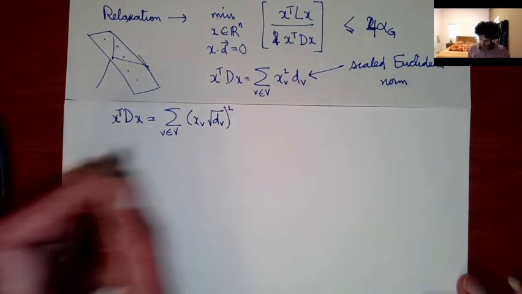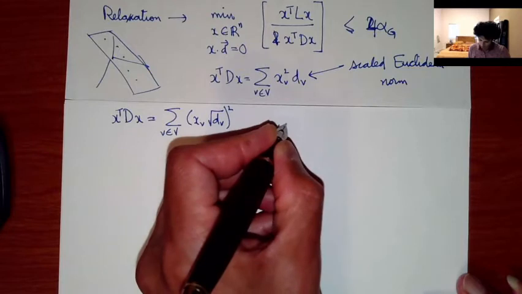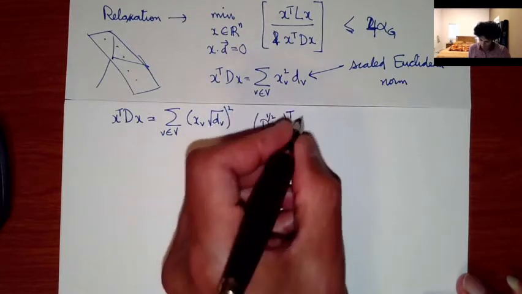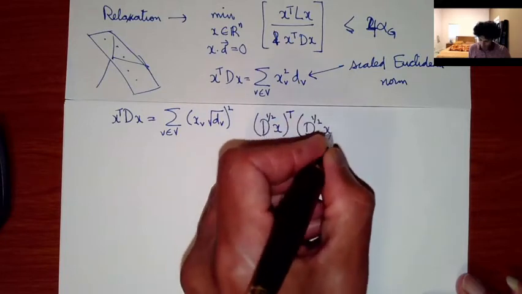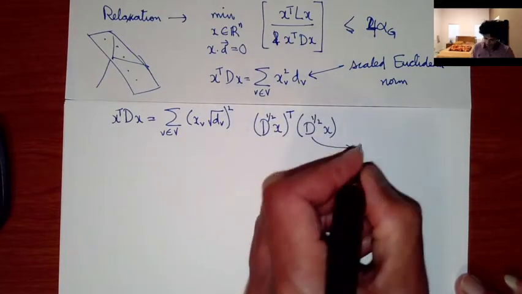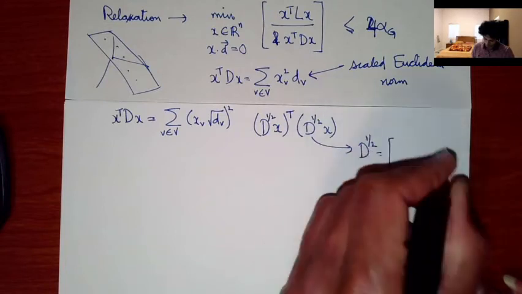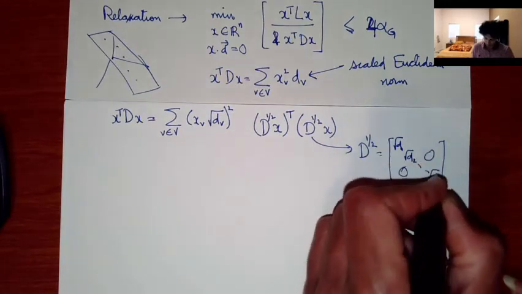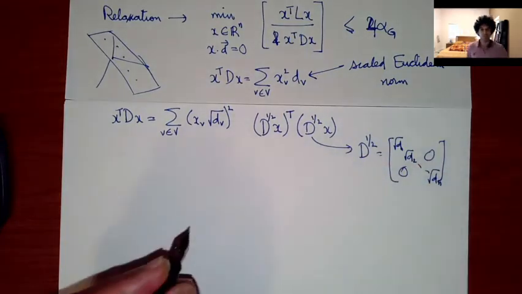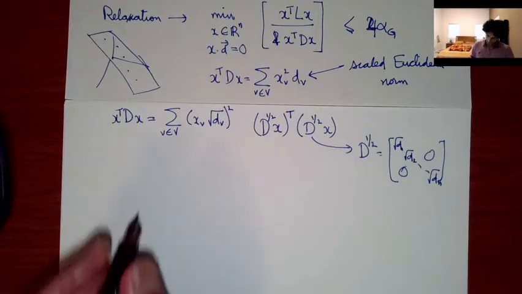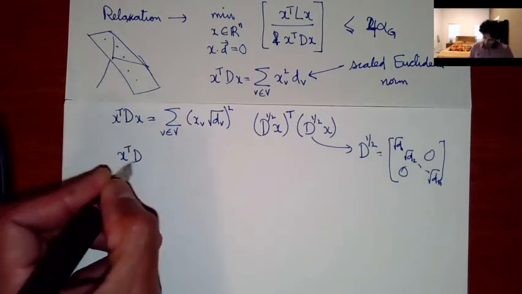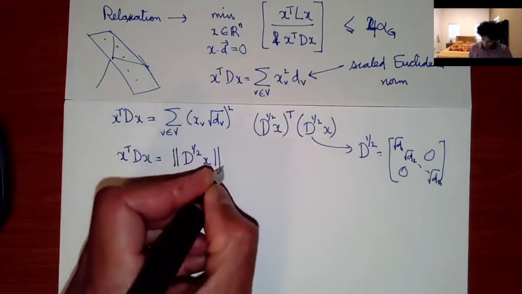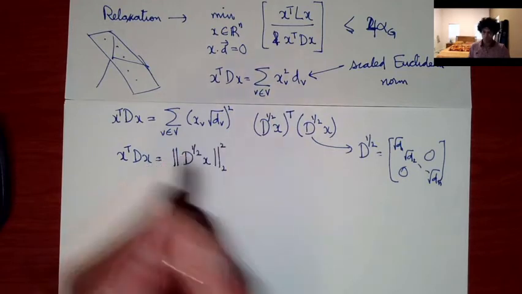Equivalently, I can write this as d to the half x transpose d to the half x, where d to the half is simply the diagonal matrix with the square root of the degrees. And so x transpose dx is the Euclidean norm squared.